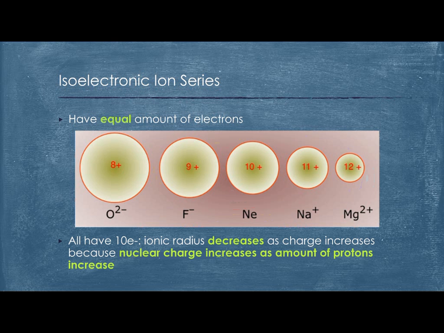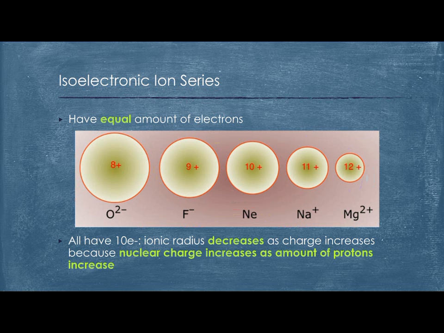There's more nuclear charge in the magnesium ion because there are more protons pulling in electrons, and there's less electron repulsion, which causes the oxygen ion to be bigger than the magnesium ion.